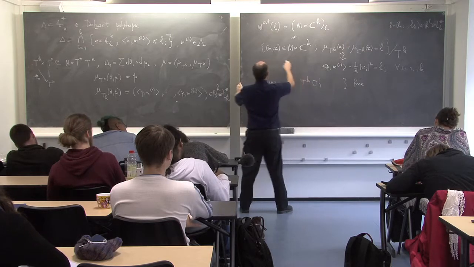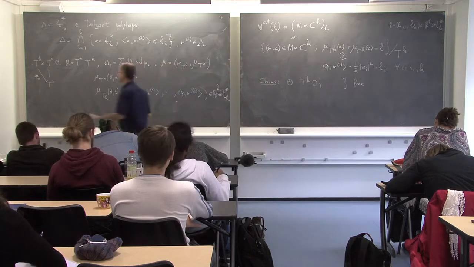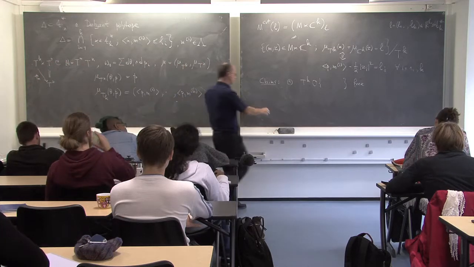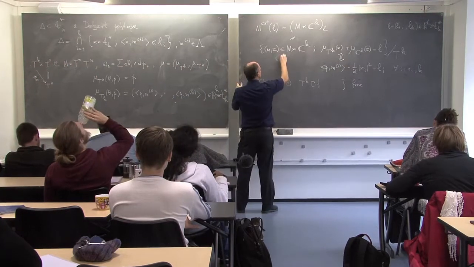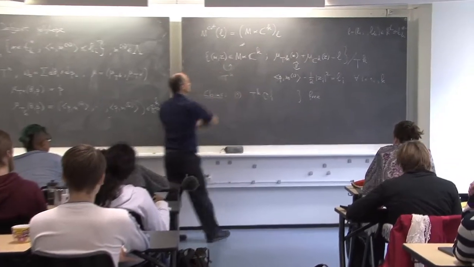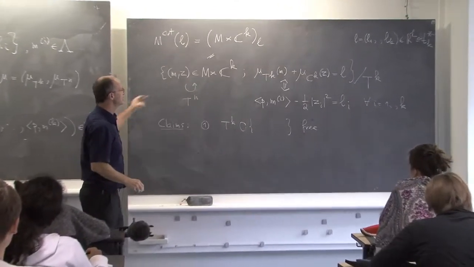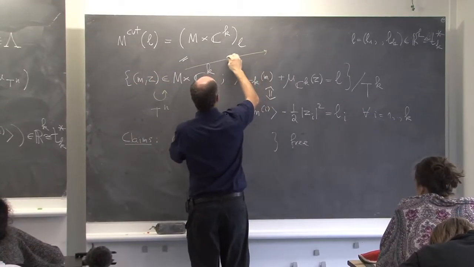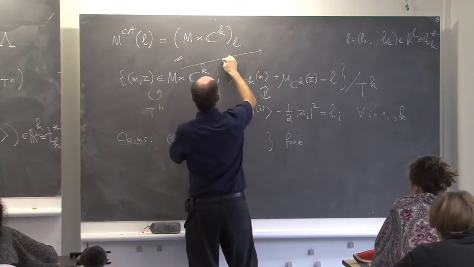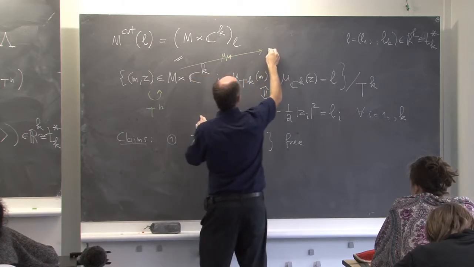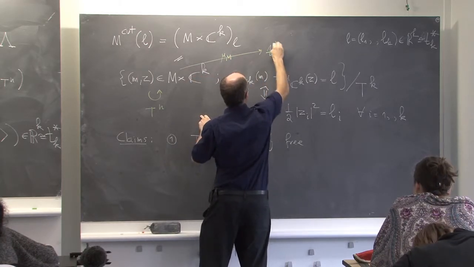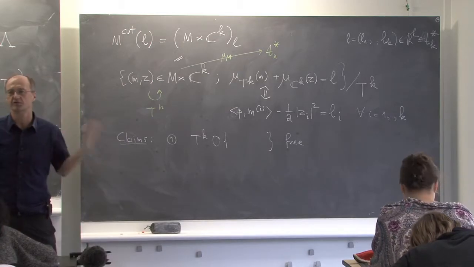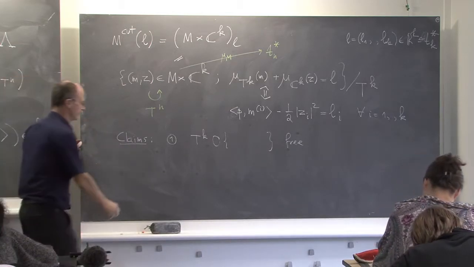The second thing is, of course, we started with a Tk action times a Tn action. So this means that the Tn action is going to survive here. As usual, the corresponding moment map will be simply the moment map for M, as it was always happening every time before.